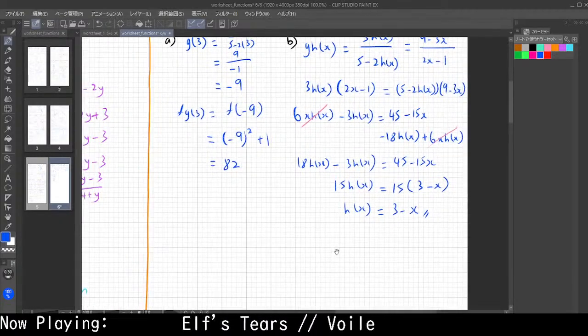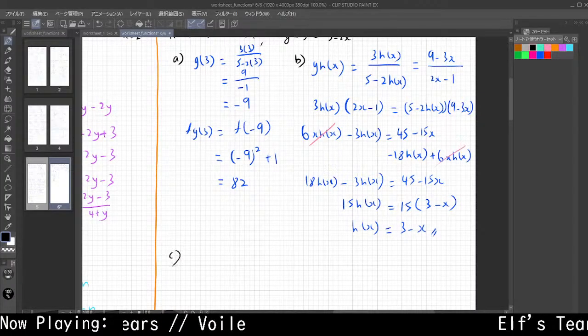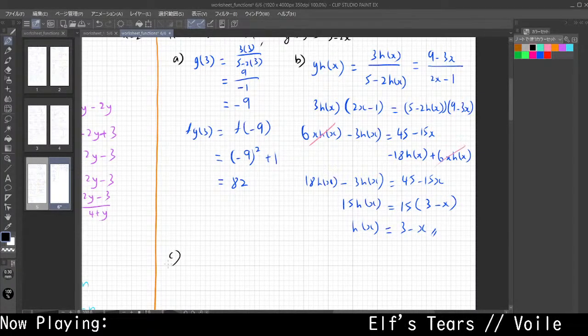Okay, does HF inverse exist? This is one of a kind trick question.